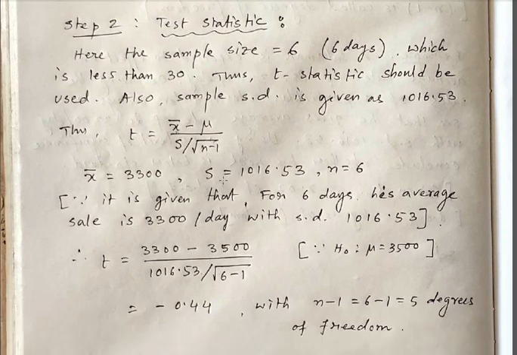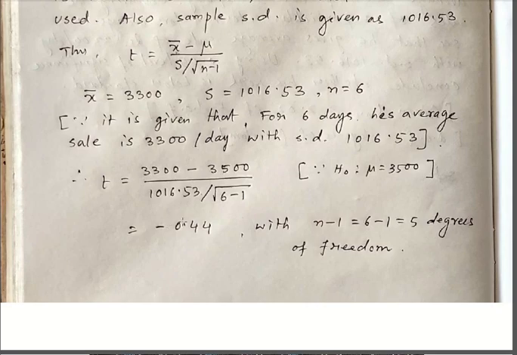Put all the values here and we will get minus 0.44, at 5 degrees of freedom, so n minus 1. In general, we do not look after this 5 degrees of freedom. It is not necessary. Whatever we have to check is whether minus 0.44 lies in the critical region or not.